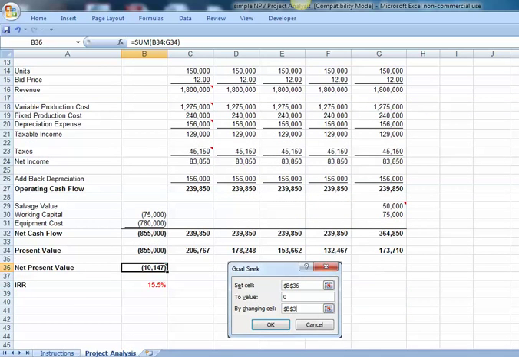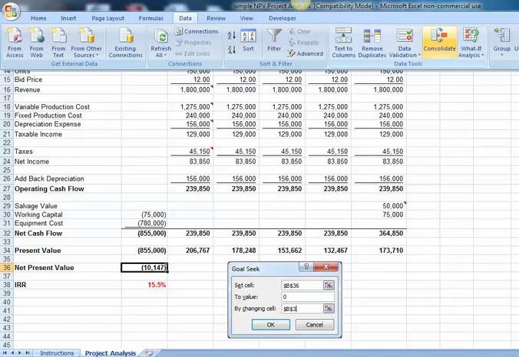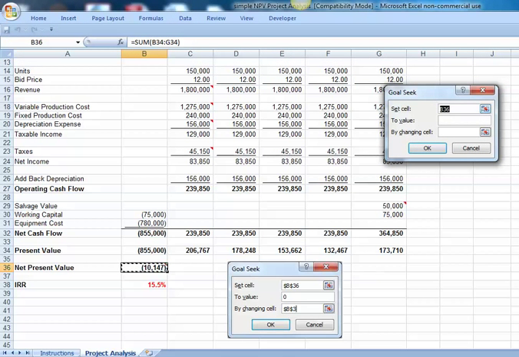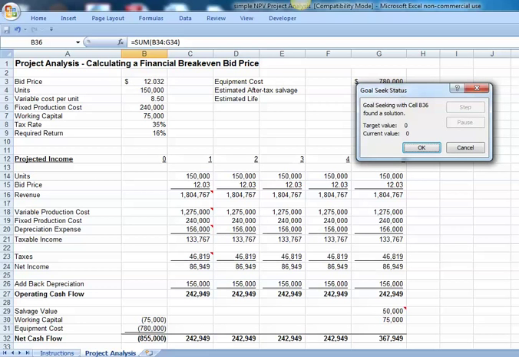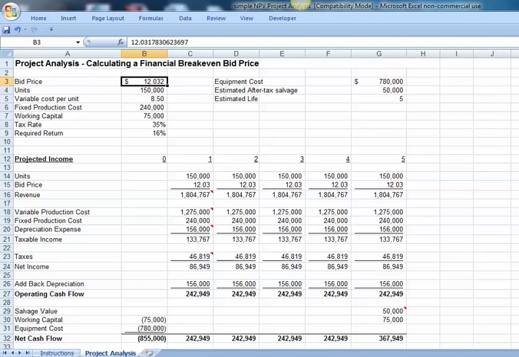So to use goal seek, data, what if, goal seek, and again we want to set cell B36 to 0 by changing the bid price. And a bid price of $12.32 will do that for us, or $12.03.